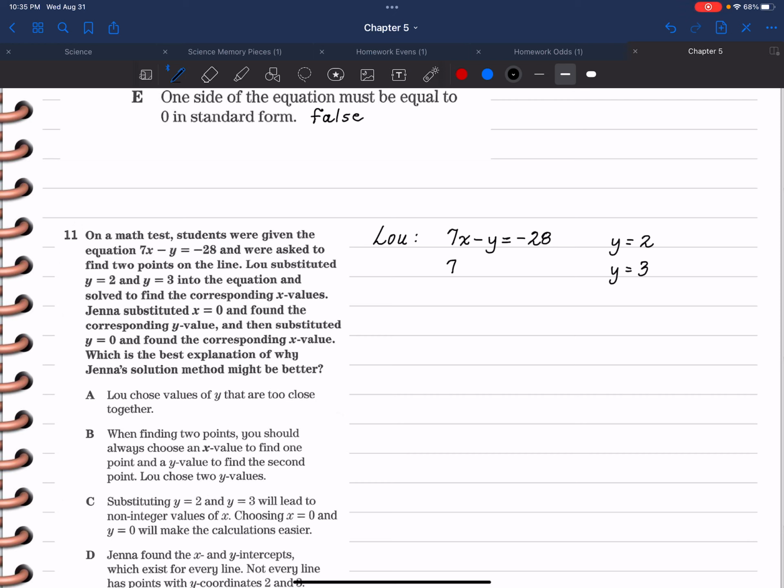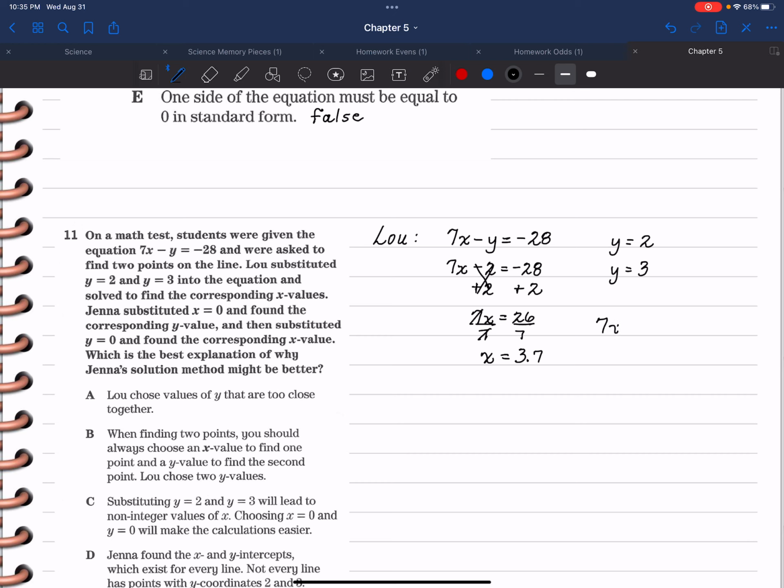So 7x minus 2 is negative 28. Add 2, cancel. So 7x equals 26, and 26 divided by 7 is, it's not going to be even, I can tell you that. Let's round it, 3.7.